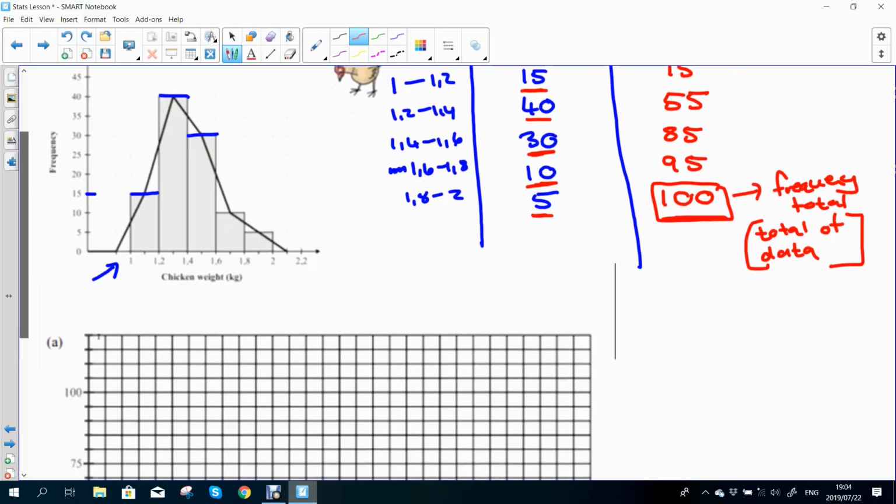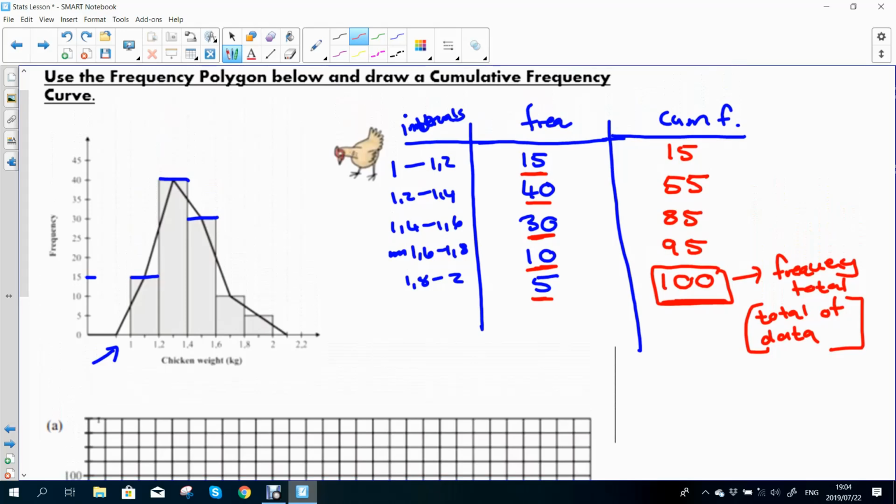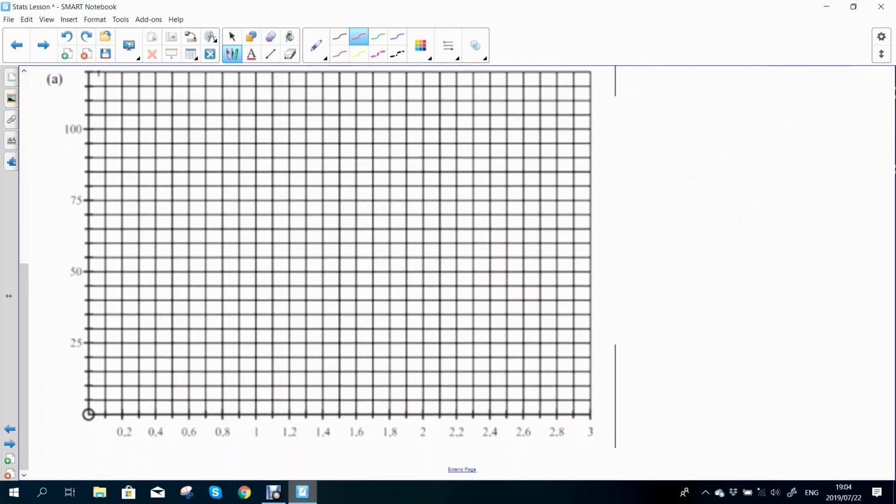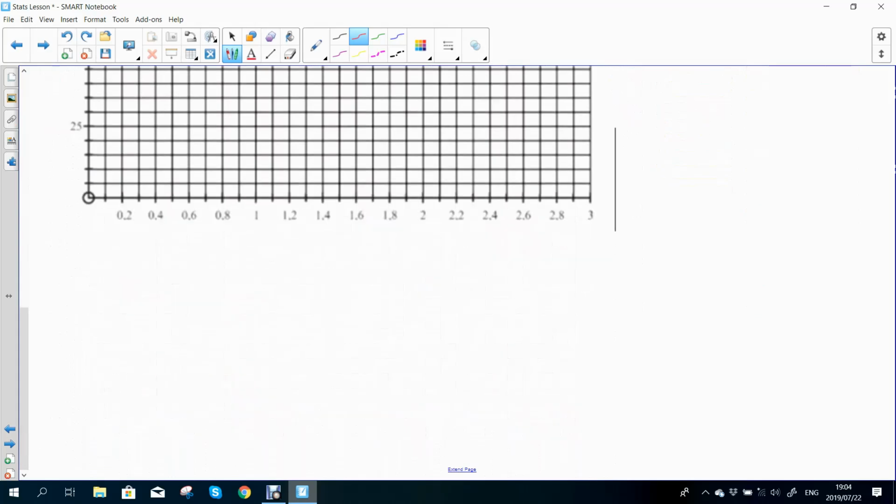And now we want to sketch this. So we're going to start off with a heading. This is the cumulative frequency curve for chicken weights. So that's my main heading. On my x-axis, I'm going to put in here, this is my chicken weights.